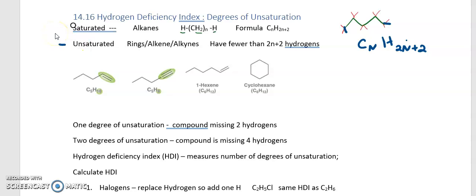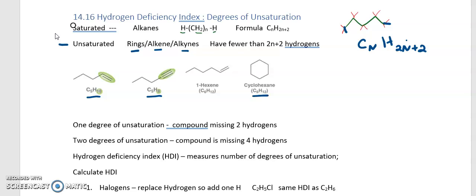Now, unsaturated compounds are rings, alkenes, alkynes, and they have fewer hydrogens. So here we have a pentene, and it's got 5 carbons, but instead of 12 hydrogens, it only has 10. Here we have an alkyne, also 5 carbons, but instead of the expected 12, we only have 8 hydrogens, and so forth.